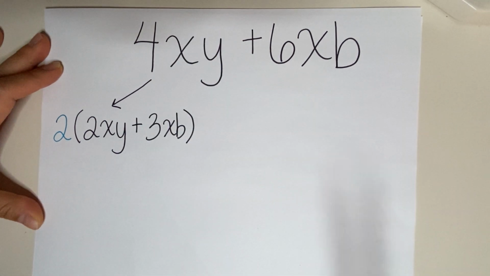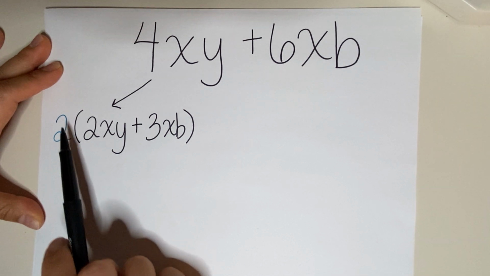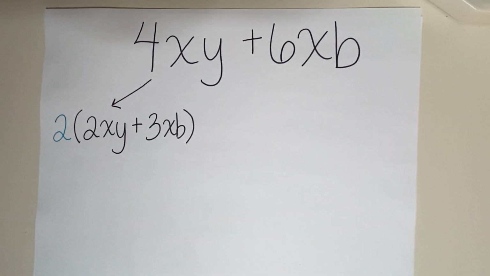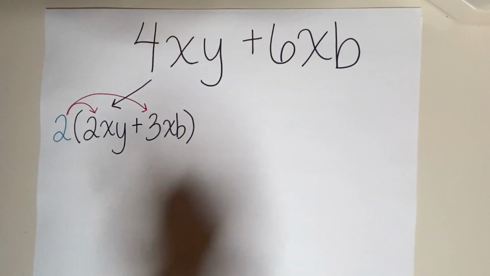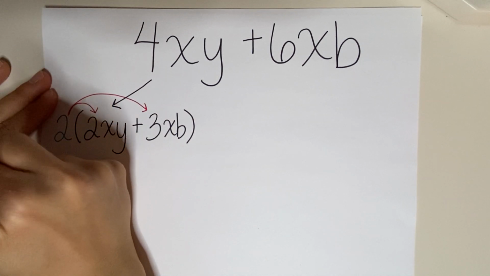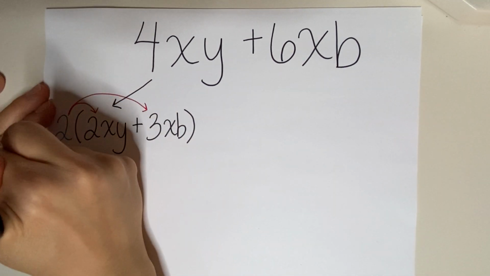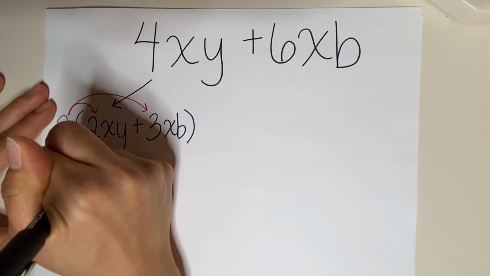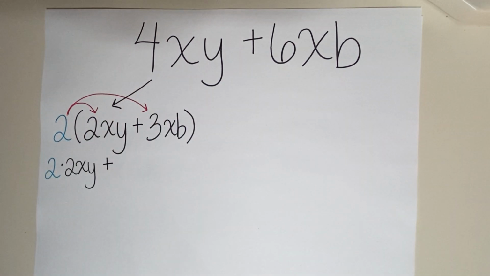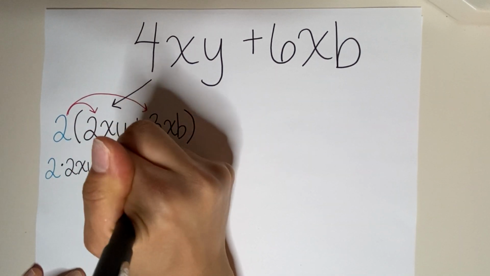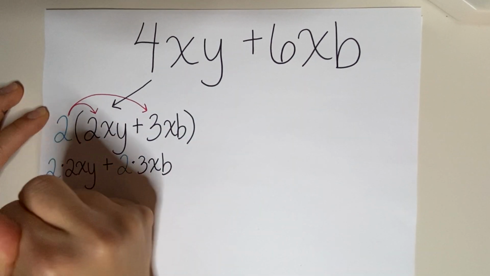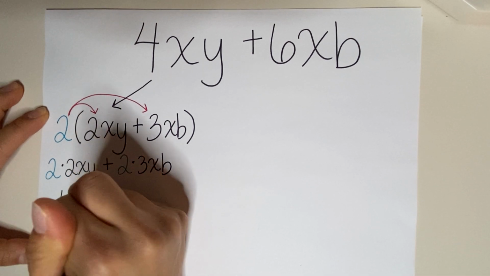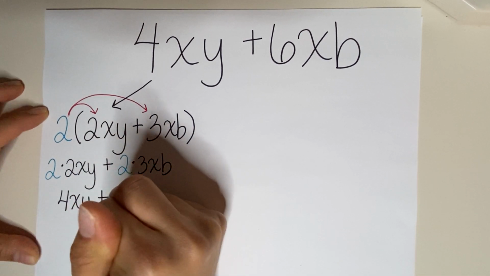And let me show you how I know that this is equivalent to this up top. I'm going to do the same thing that we did before. We're going to draw our arrows. I multiply them. This will get me 4xy plus 6xb.